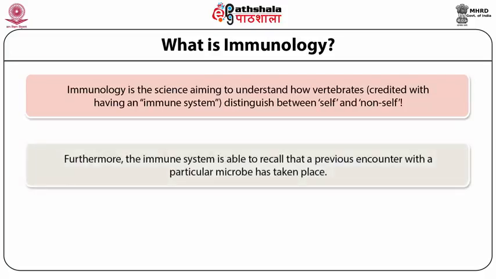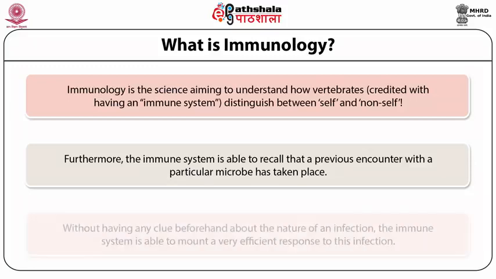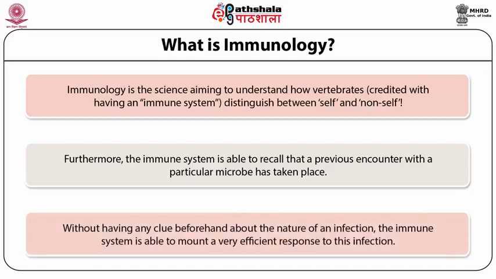Furthermore, the immune system is able to recall that a previous encounter with a particular pathogen has taken place. Without having any clue beforehand about the nature of an infection, the immune system is able to mount a very efficient response to this infection.